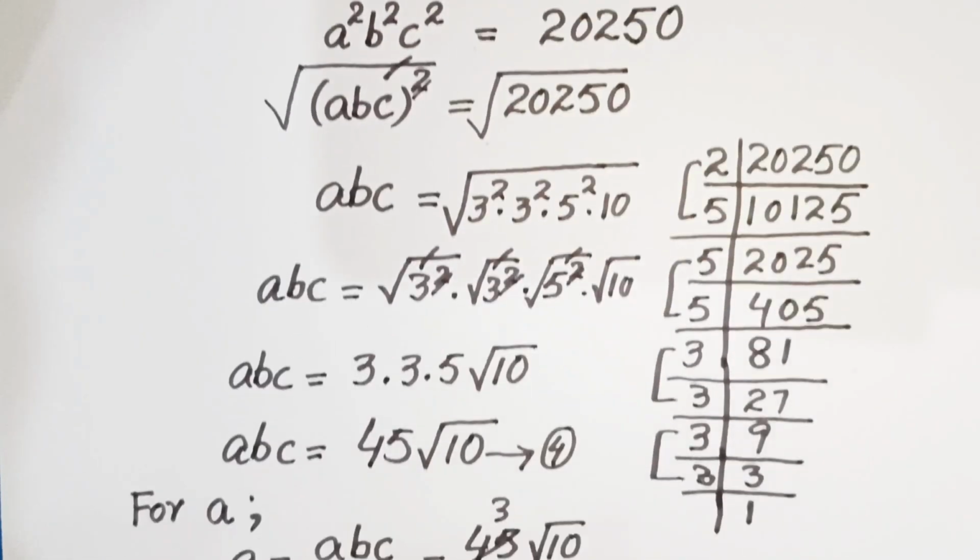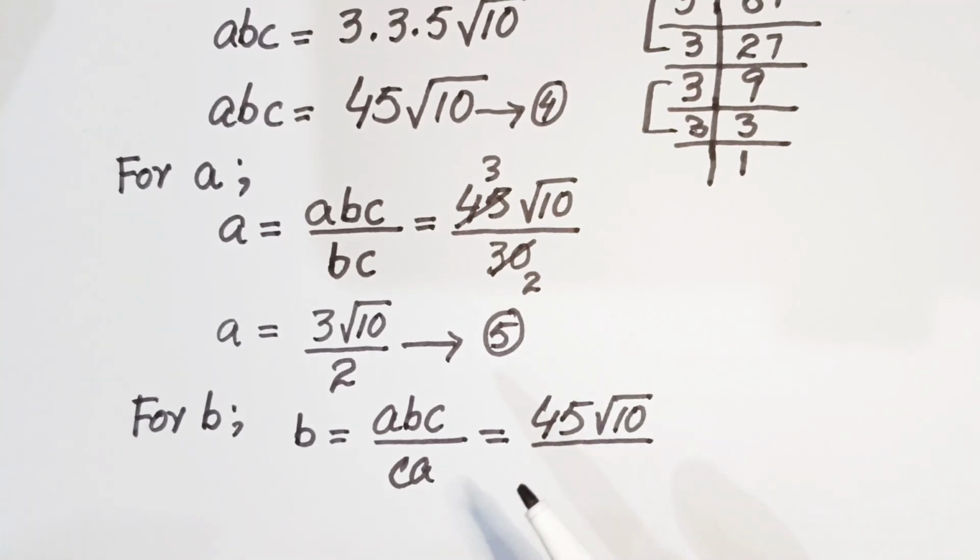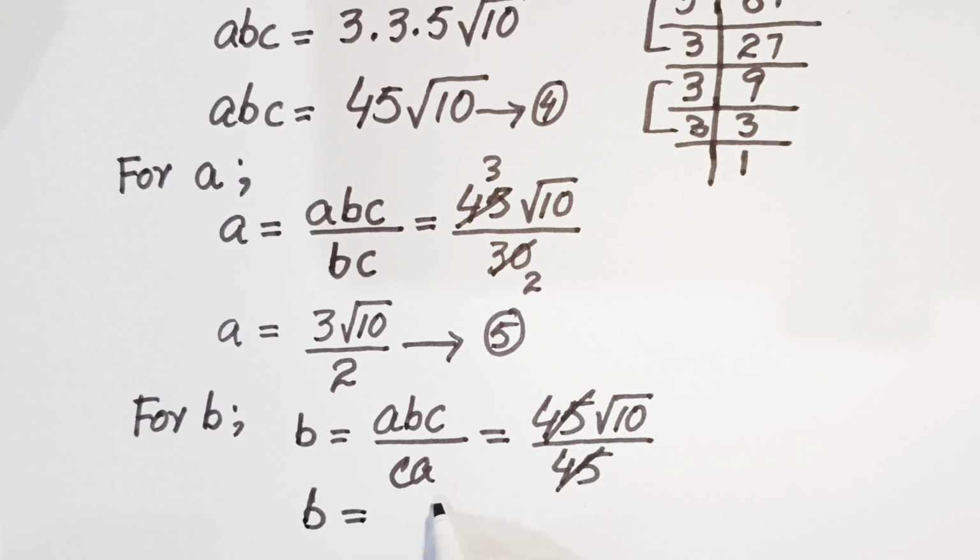Putting this value here, we get 45. So cancelling 45 with 45, we get the value of b, which is equal to square root of 10. Let's say it is our equation number 6.